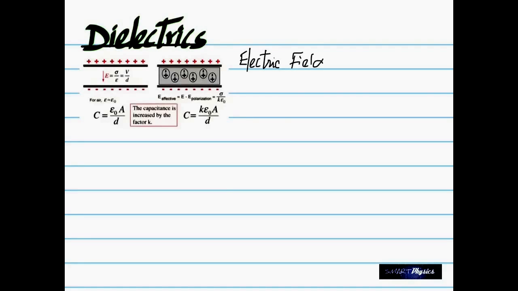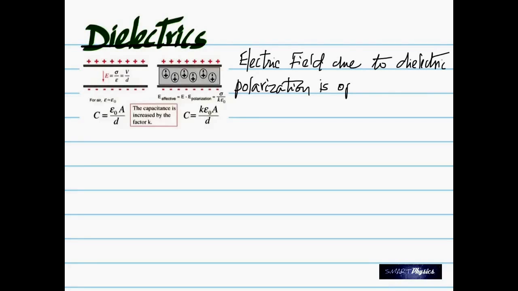That means when you introduce a dielectric between the plates of a capacitor, the electric field decreases. It decreases from sigma by epsilon naught to sigma by k epsilon naught, where k is the dielectric constant.